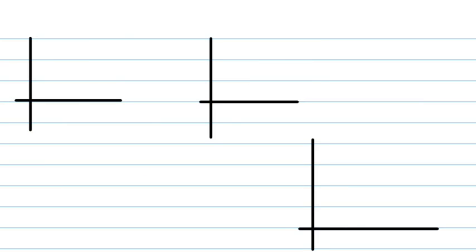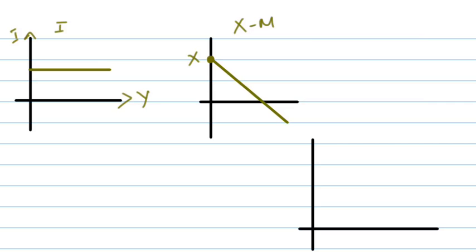And now the desired net asset formation. National asset formation. Wait, I think it's net. Yeah, the net asset formation. So first, investment. So we know what the investment function looks like. It's a simple straight horizontal line because it's not related to changes in Y. And then X minus M, the vertical intercept being X, and we get this, minus m.